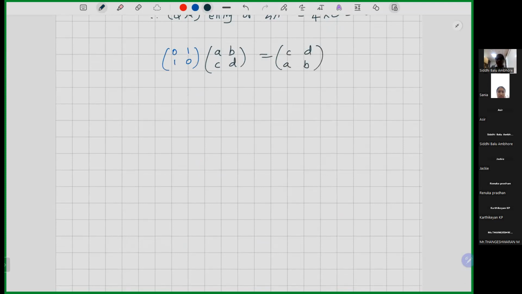So it is equivalent to saying R1 interchange R2: if I call this A, then the result is E times A. The resultant matrix obtained by interchanging R1 and R2 is equivalent to multiplying by the elementary matrix obtained by interchanging R1 and R2 in the identity matrix. Is it clear?